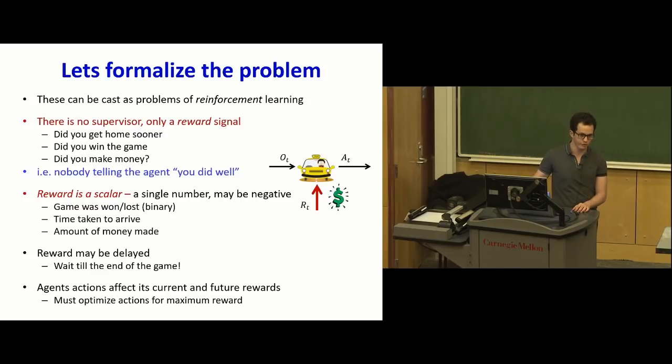Like you don't have good moves at your disposal usually. The reward is going to be a scalar, a single number, sometimes negative, sometimes positive, depending on if you win or if you lose. It can be delayed. And the agent wants to optimize its actions to maximize the reward.